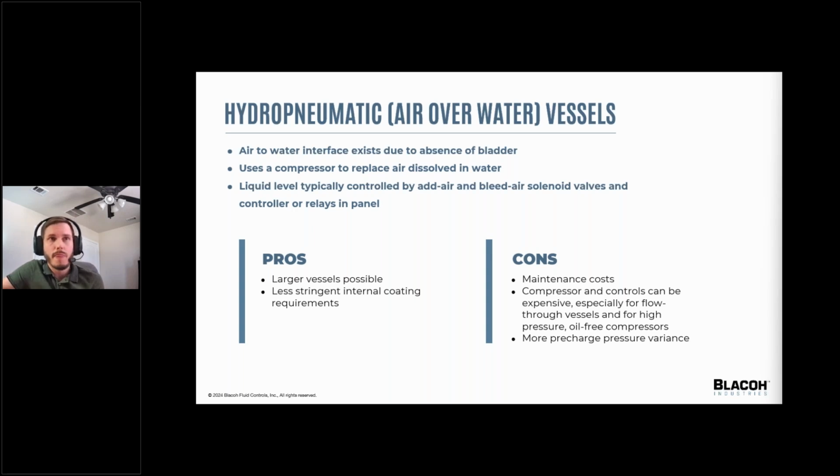For example, a pump that doesn't come on for a whole week could mean a significant amount of air dissolved if the add air level set point is not reached. If your system is sensitive to varying precharge pressures, this could be problematic.